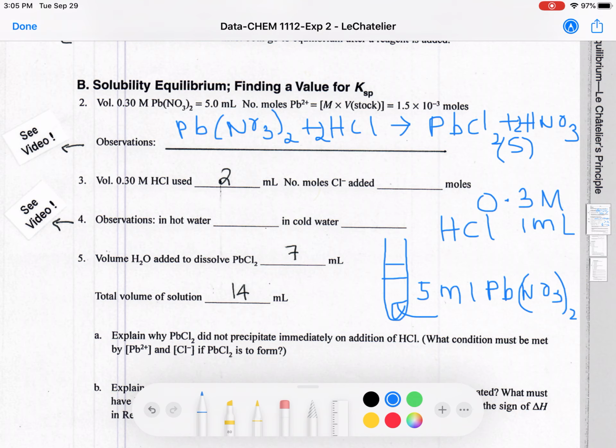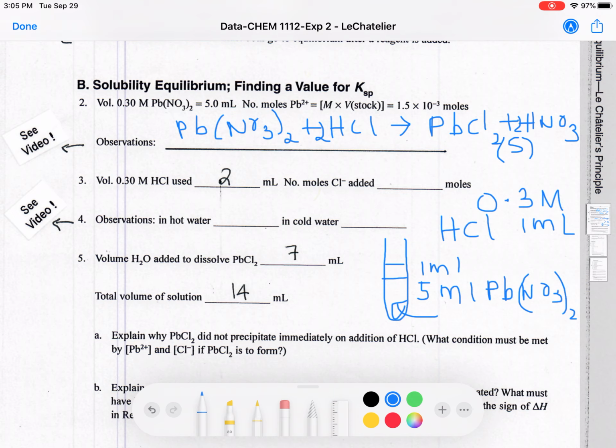So when you add your first 1 milliliter and mix it up, you will see a precipitate form. Then you add 1 more milliliter of hydrochloric acid, and you will see more precipitate has formed. You can keep on adding more, and more will precipitate. But when you see a considerable amount of precipitate, then we know it has reached its Ksp value, so we can stop adding hydrochloric acid.